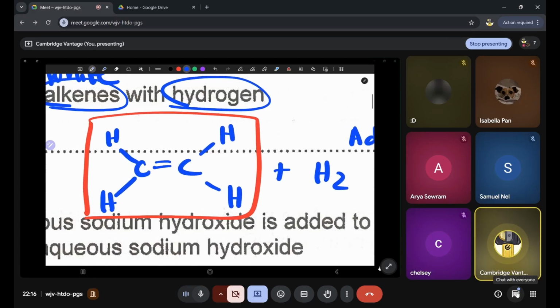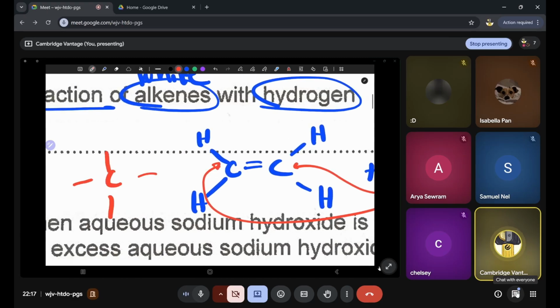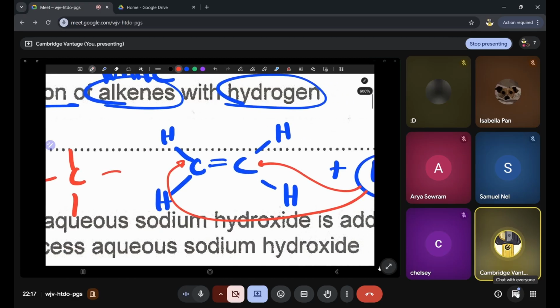Now, what happens over here is when you add hydrogen to an alkene, the hydrogen wants to attach itself to the carbons. Now, we know that the carbon can only form 4 bonds. And if you look at this structure, each carbon already has 4 bonds, 1, 2, 3, and 4. So in order to form a bond with the hydrogen, it needs to get rid of one of its bonds.